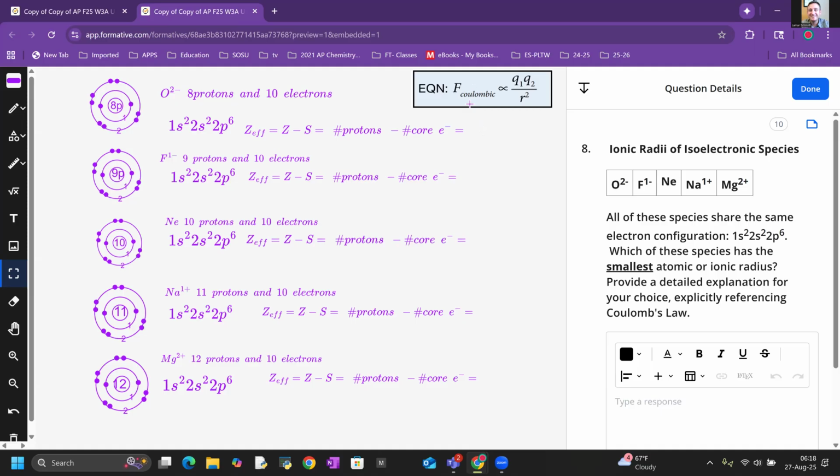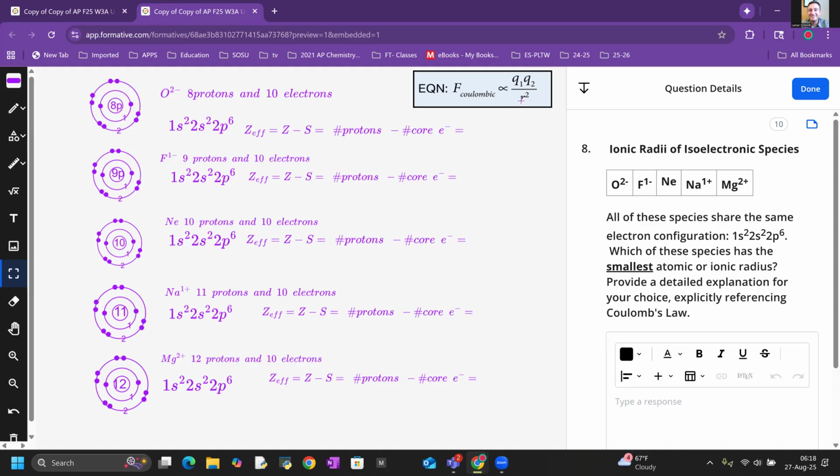And we can come up with a number for this nuclear charge to determine what this relative force of attraction will be. We're not going to calculate an actual force, but we can say if this number in the numerator were higher, then so would the force of attraction. Now we're going to leave R out of this because we're not using this equation as a mathematical equation.